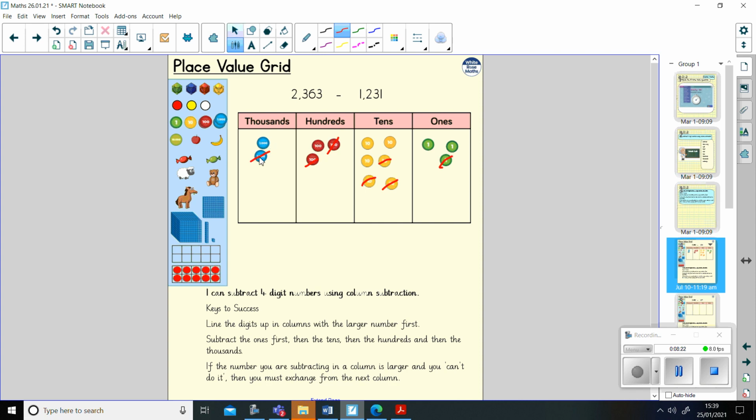And we can see that we are left with this number. I'm just moving the counters to make it clearer for you. So I am left with 1,105.